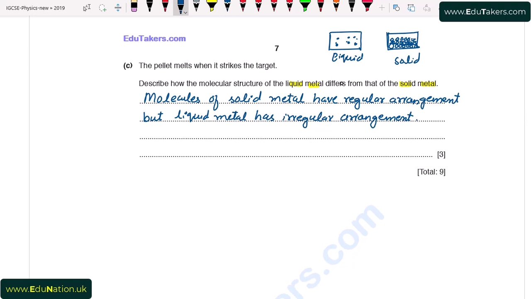Second point is that the molecules of solid are closely packed. We can see from here that these are very close to each other as compared to liquid.